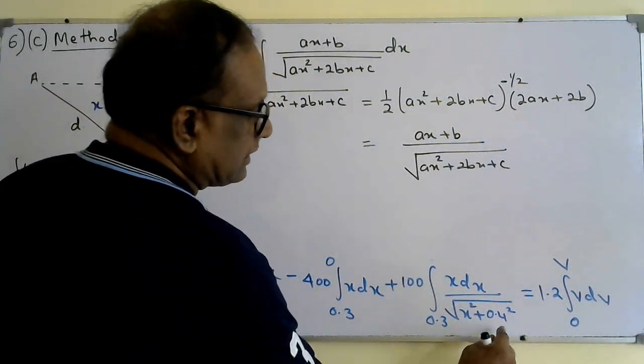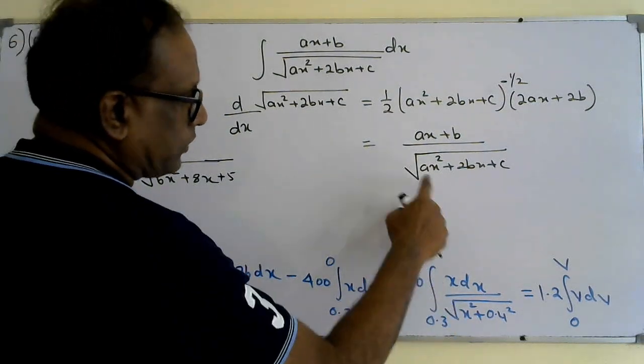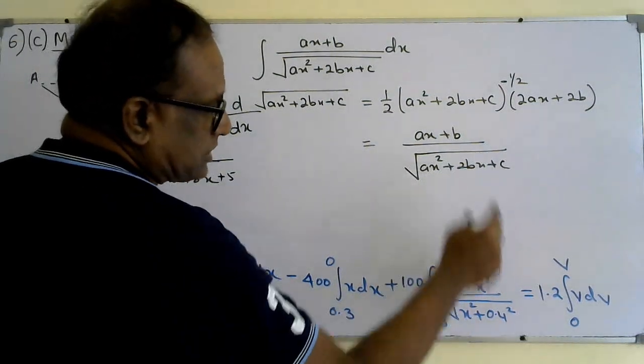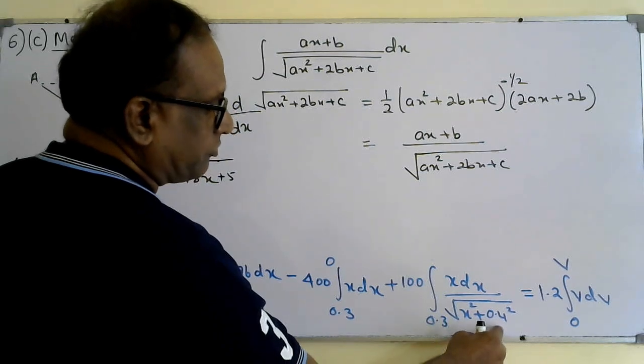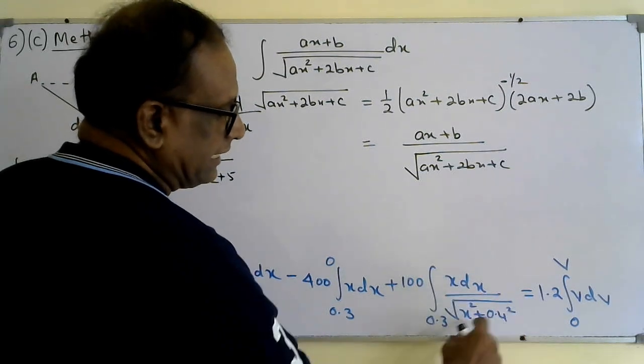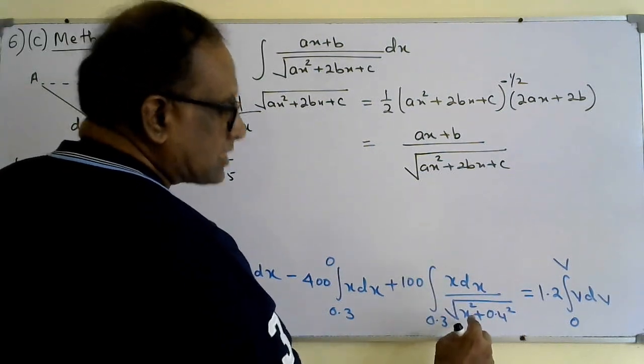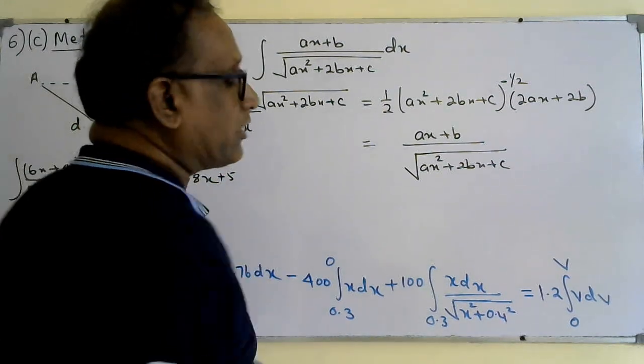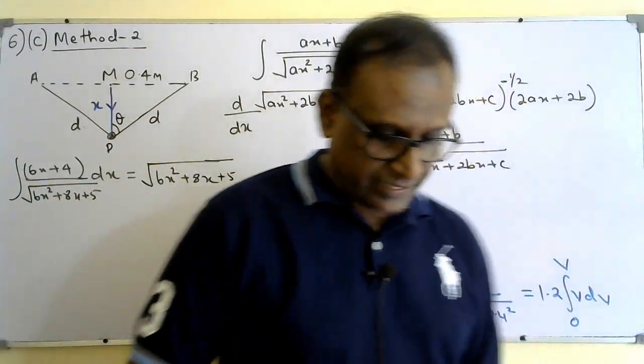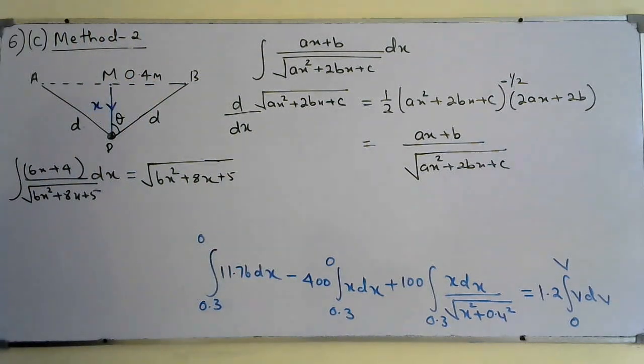So if we compare this pattern, ax squared, a is 1, b is not there, c is 0.4 squared. So the integration of this one is going to be just the square root of x squared plus 0.4 squared. That is the integration of it. So this is one of the standard patterns of integration.